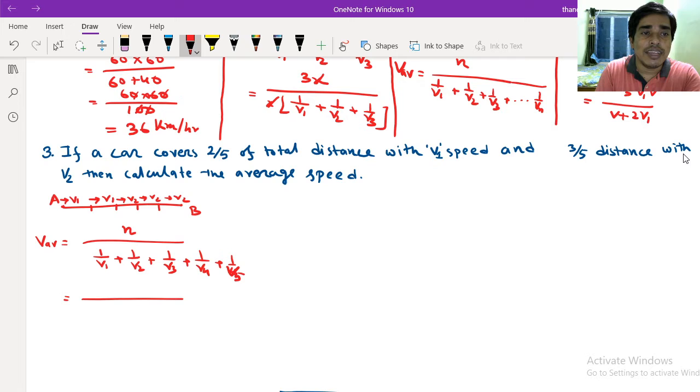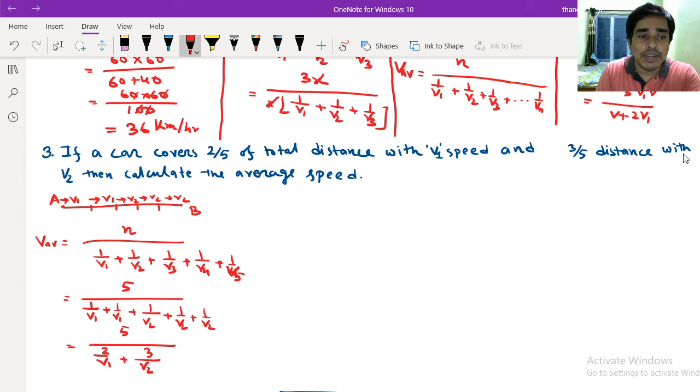Now this is 5 divisions, and here the first two are V1, but the remaining are V2. So in this case it will be 2 by V1 plus 3 by V2.